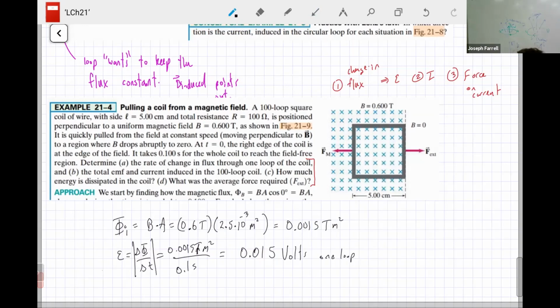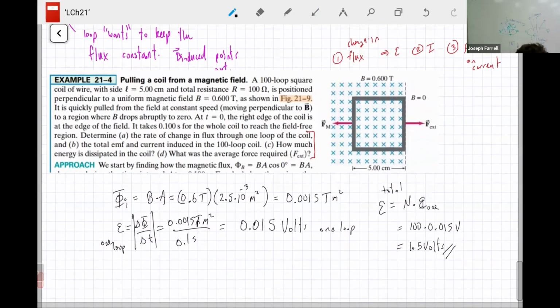In total, we've got N times the EMF for one loop, and that's 100 times 0.015 volts. So we get 1.5 volts. So that was A, and B, we're getting there.